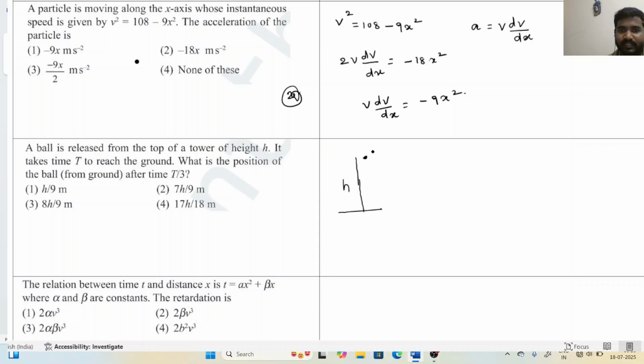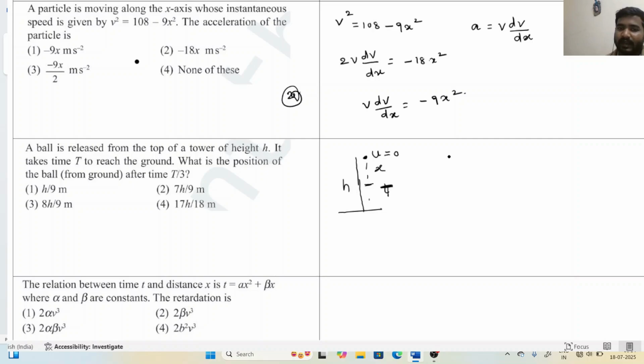Initially the ball is released, meaning initial velocity equals 0. Then at a certain position, the position of the ball from the topmost point we can take as x.